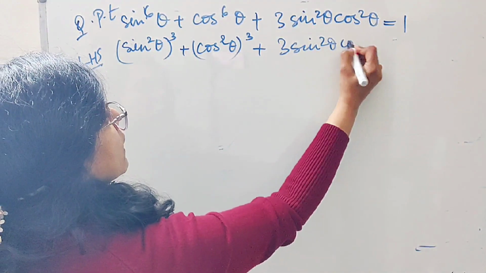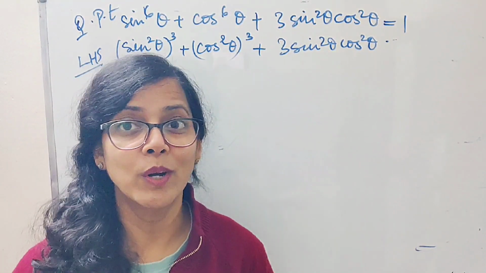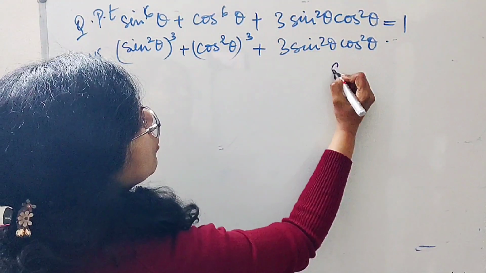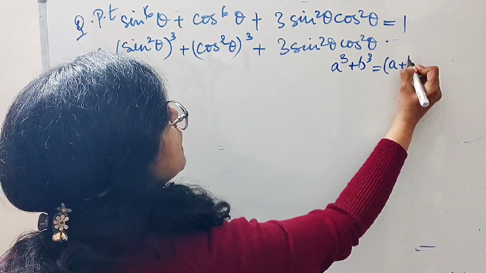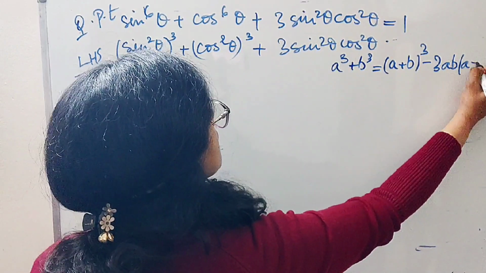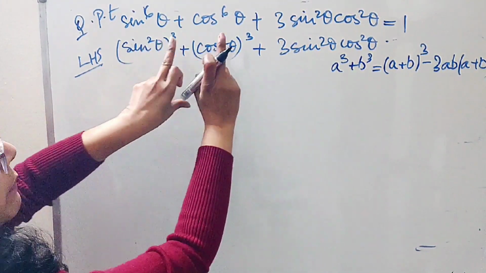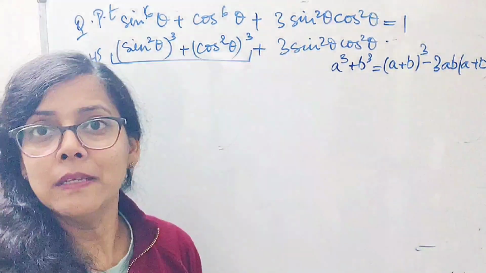Now again an identity of polynomials. What is that? A cube plus b cube. What is that identity? That a cube plus b cube is equal to a plus b whole cube minus 3ab a plus b. So a here is sin square theta, b here is cos square theta. So we are going to use our identity here in the first and the second term, a cube plus b cube.